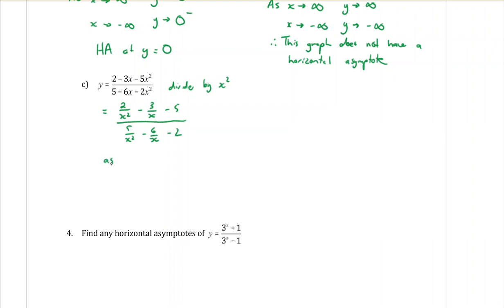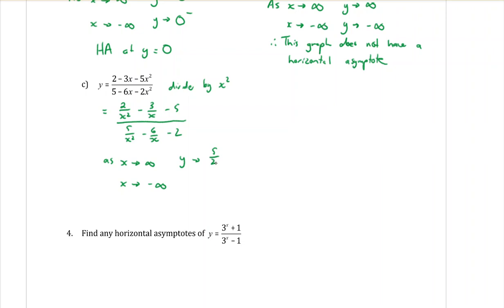All right, as x is approaching infinity or negative infinity. As we're approaching infinity, all these fractions here are zeros. So I have a minus 5 over a minus 2. Minuses can cancel out. So y is going to be approaching 5 over 2 or 2.5.